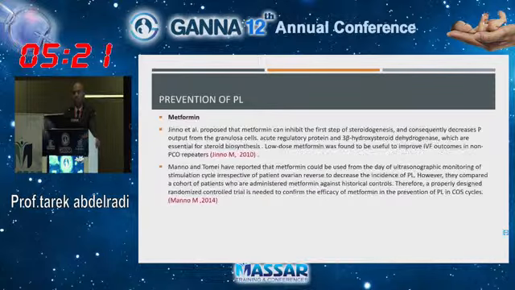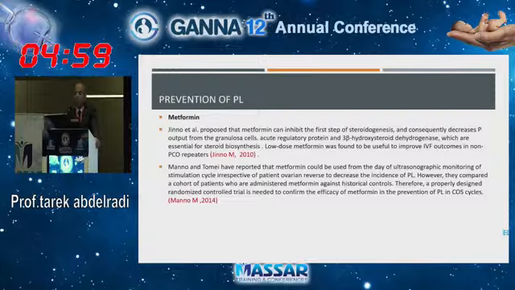Metformin. Gino et al. proposed that metformin can inhibit the first step of steroidogenesis and consequently decreases progesterone output from the granulosa cell, acting on steroidogenic acute regulatory protein and 3-beta-hydroxysteroid dehydrogenase, which are essential for steroid biosynthesis.